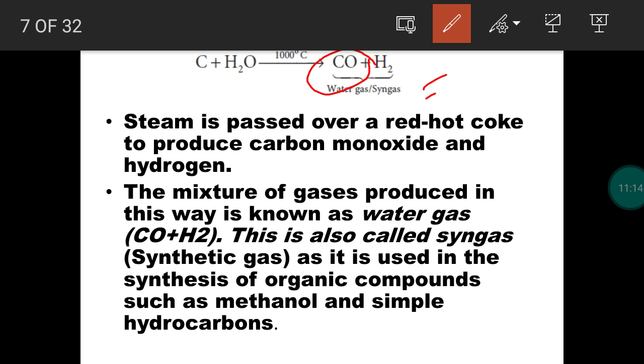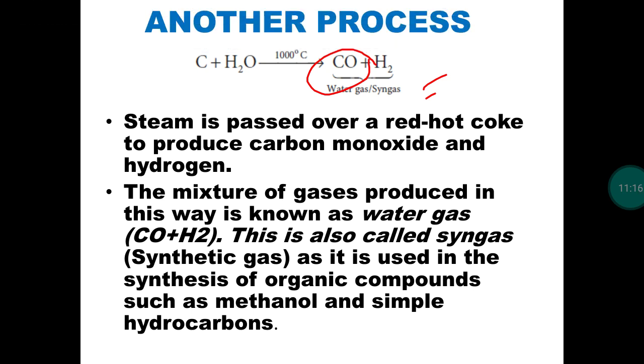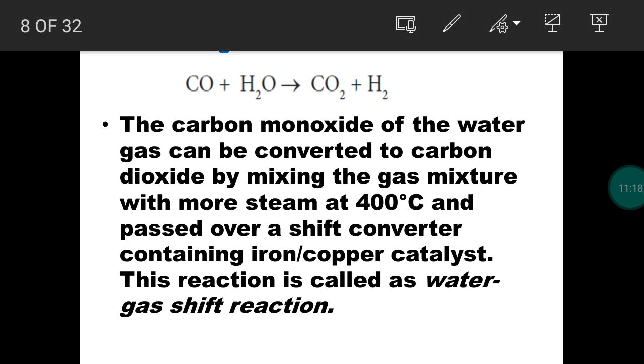For that, what can be done? For converting carbon monoxide into carbon dioxide, we pass steam again. So in water gas, we pass steam again, over an iron or copper catalyst at 400 degrees Celsius. Carbon monoxide is converted into carbon dioxide.